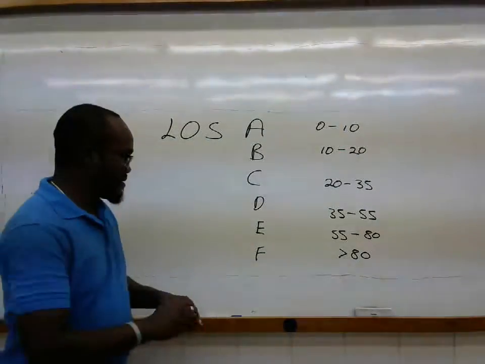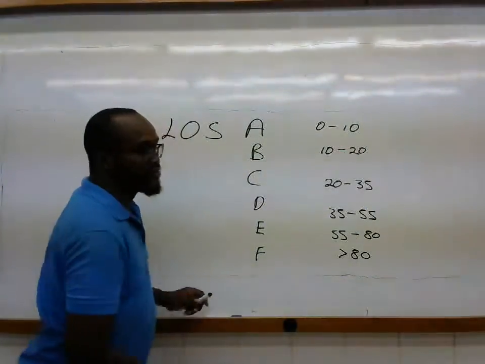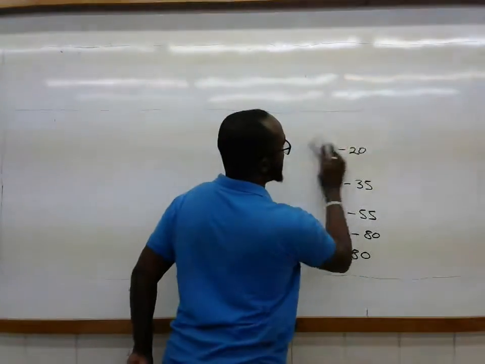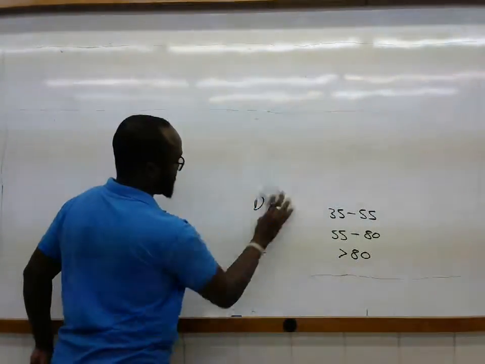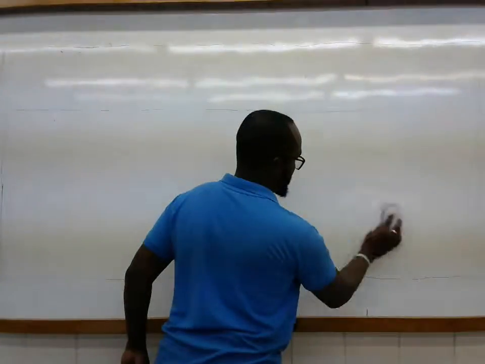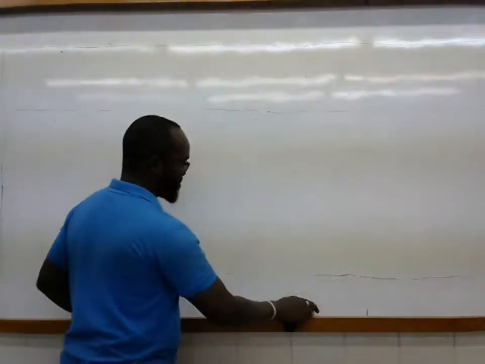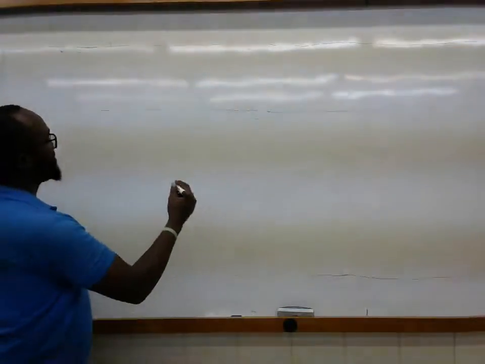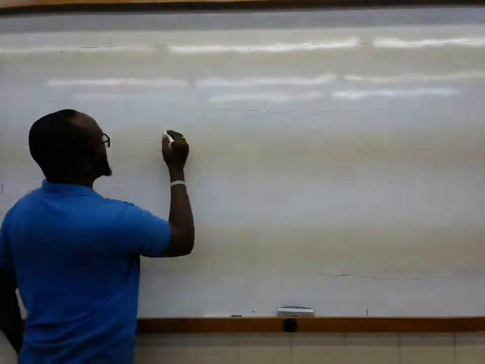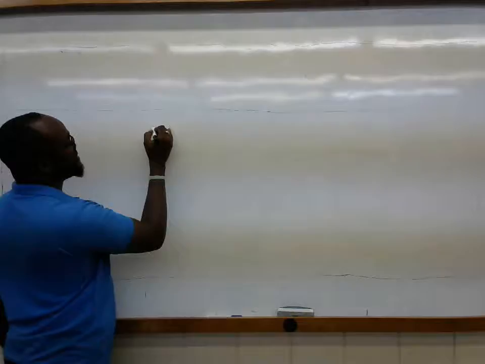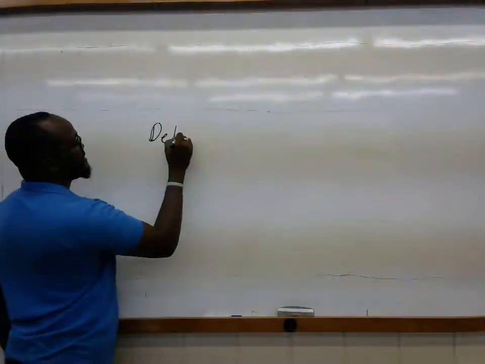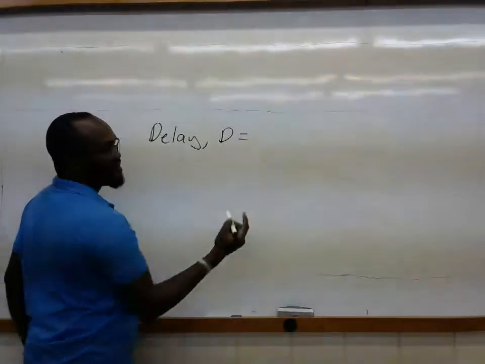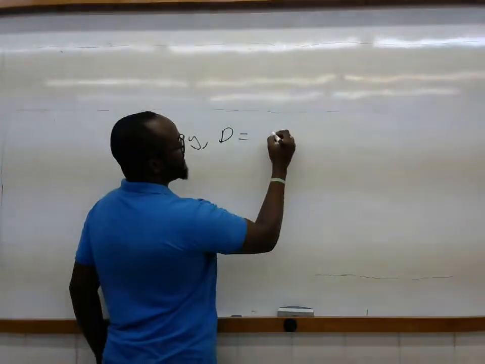So, what do we mean by delay? According to the Highway Capacity Manual, delay, or what we refer to as control delay, is the sum of three terms.